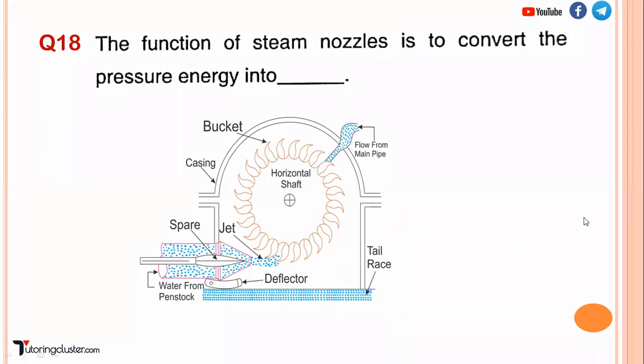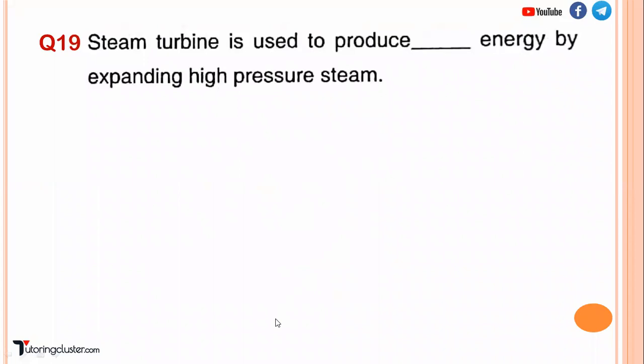Now let us see the next. The steam turbine is used to produce dash energy by expanding high pressure steam. A steam turbine is used to produce, yes, mechanical energy by expanding.